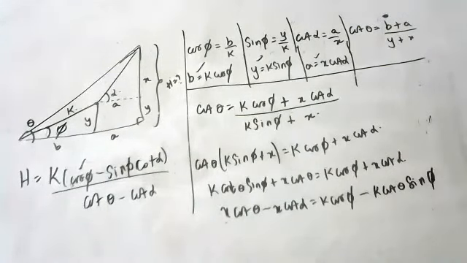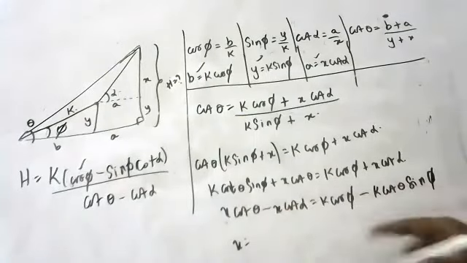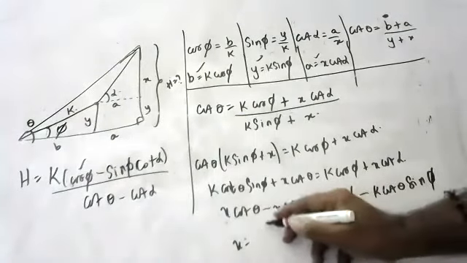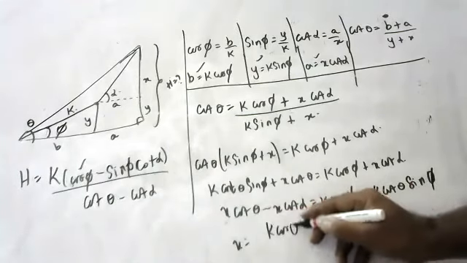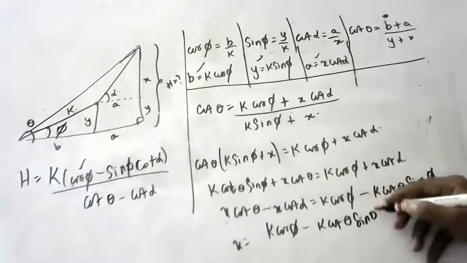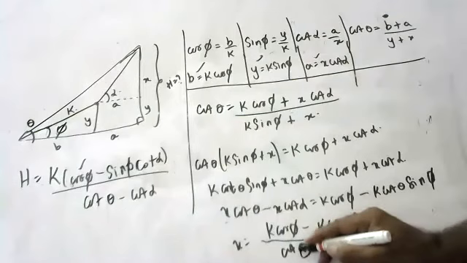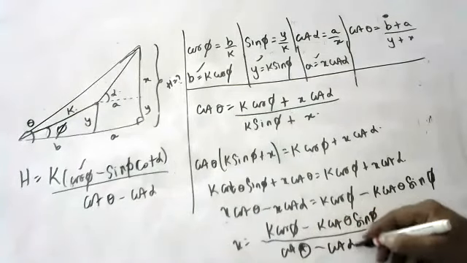That's it, children. Now take x common. So x equals k cos phi minus k cot theta sin phi by cot theta minus cot alpha. Over, children.